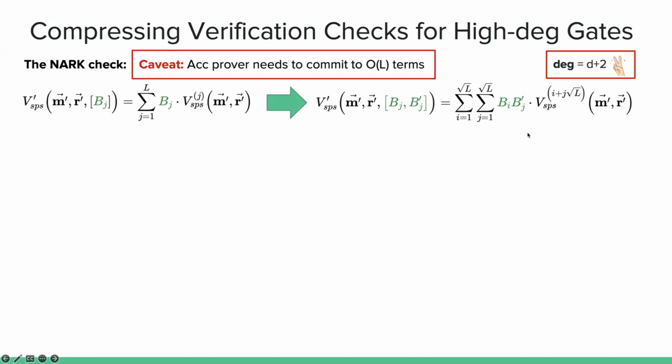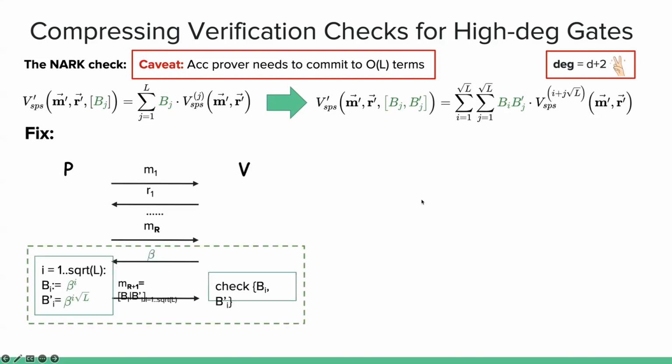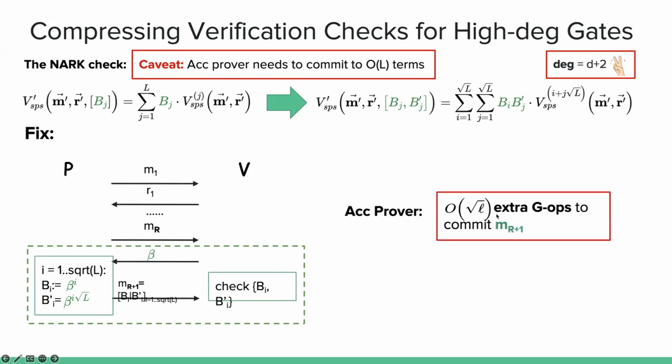It's still degree d plus 2. But the good thing is that the prover messages are now much shorter. The number of terms is only square root L, so the commitment complexity is much less. It's only square root L rather than L, and usually it's not very large compared to the complexity that the prover already pays in the previous rounds.